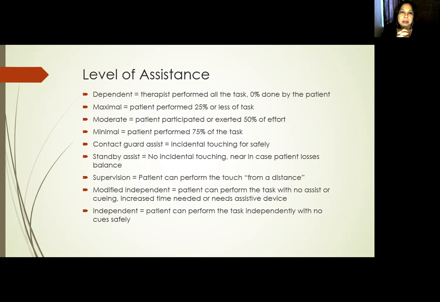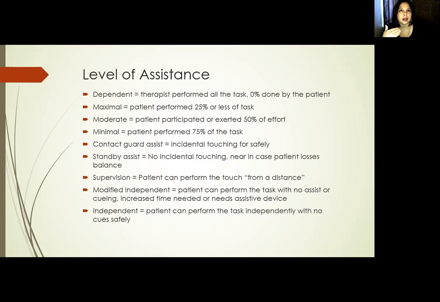And modified independent means the patient can do it by himself. He just needs more time to complete the task, or the patient needs an assistive device to do the task. For example, the patient can walk with a front wheel walker by himself. So that's modified independent if the patient is using a walker. Independent, the patient doesn't need any assistive device and doesn't need extra time to complete the task.